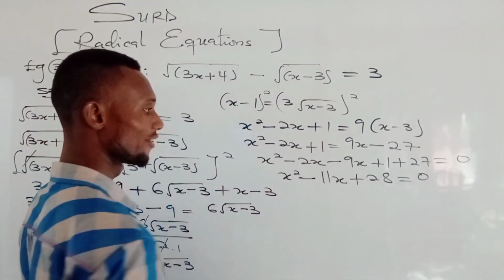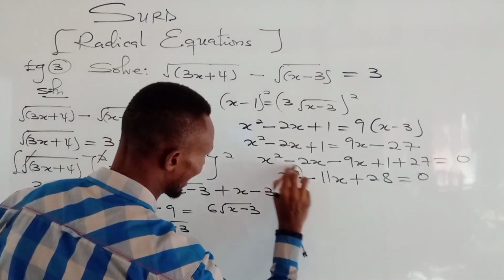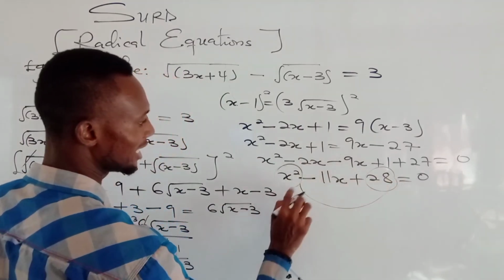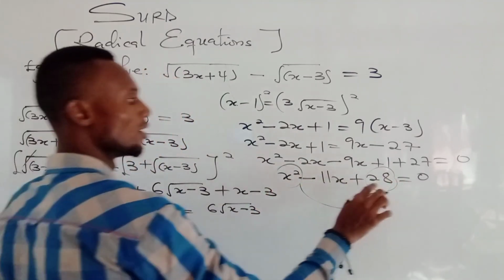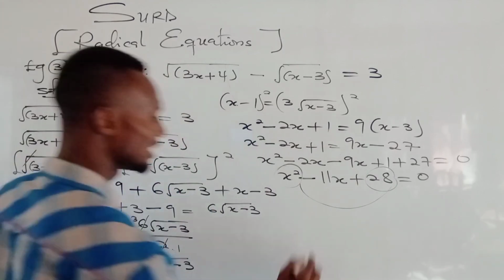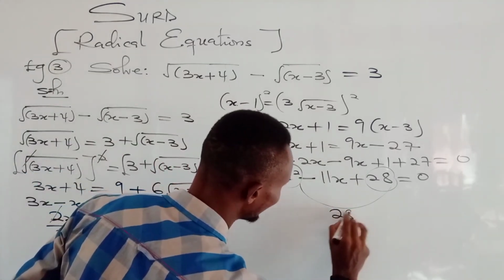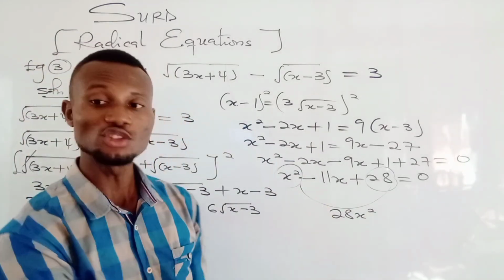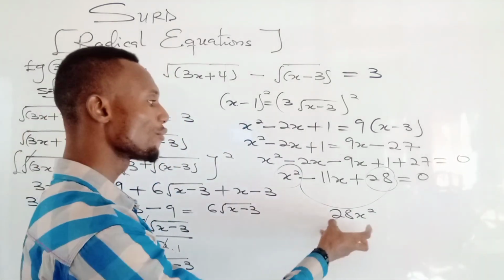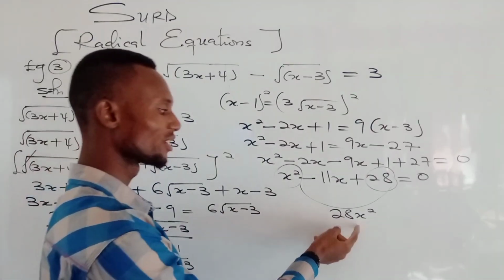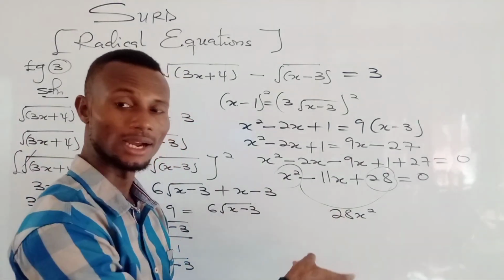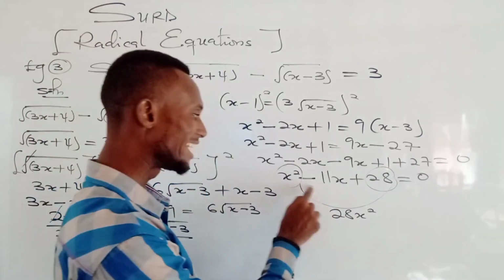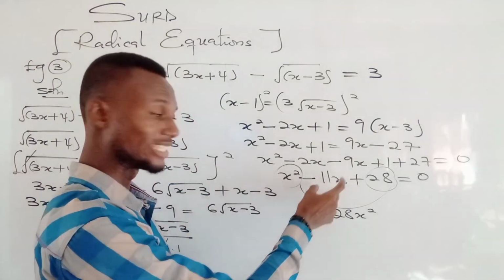How to solve this quadratic equation is that you use the first term to multiply the last term. The first term here is s squared, multiplying the last term which is positive 28, you are going to get positive 28s squared. I hope you agree with me. Then we are going to look for two factors in which when we multiply we will get this positive 28s squared back, but those same two factors when we add them we are supposed to get this negative 11s back, which is the middle term.